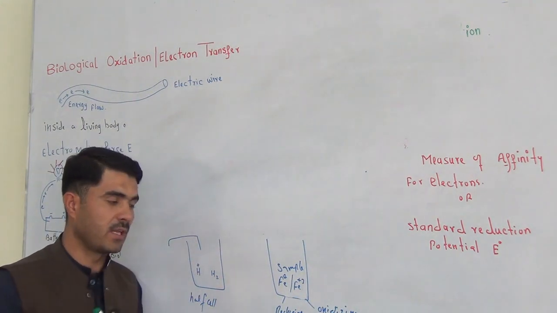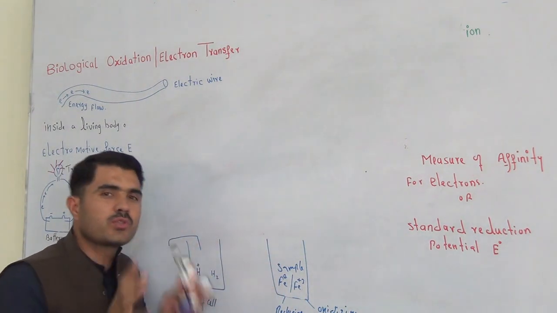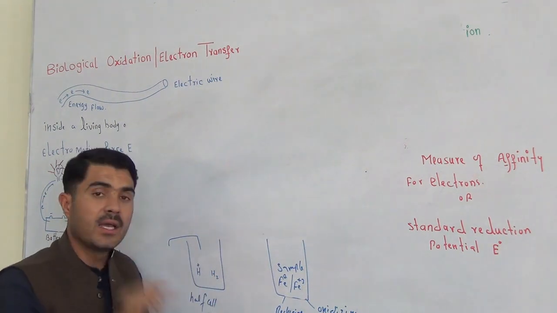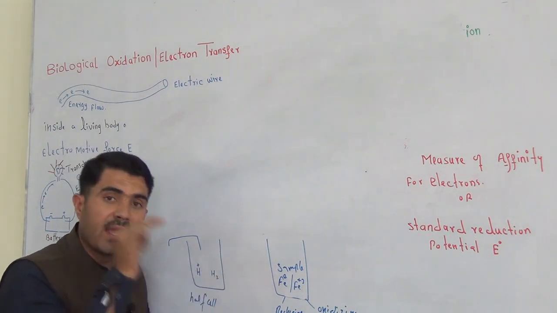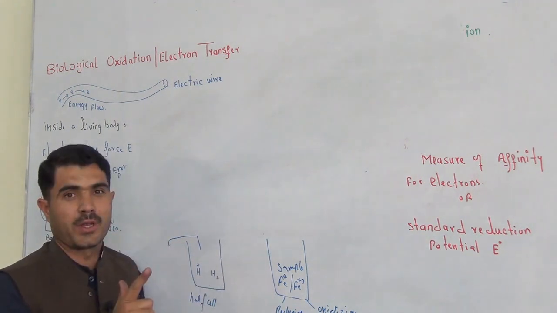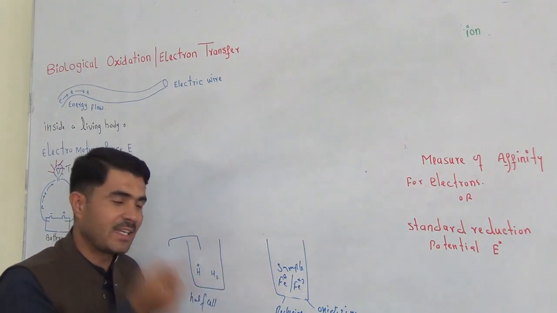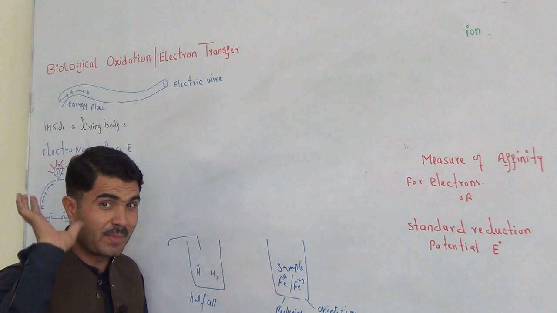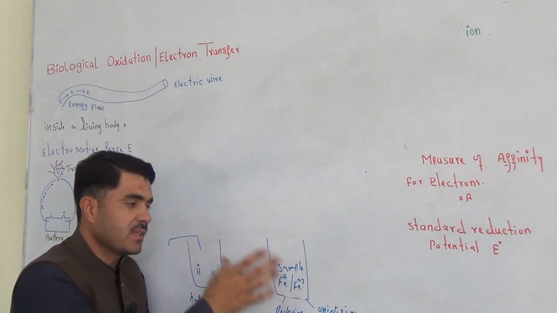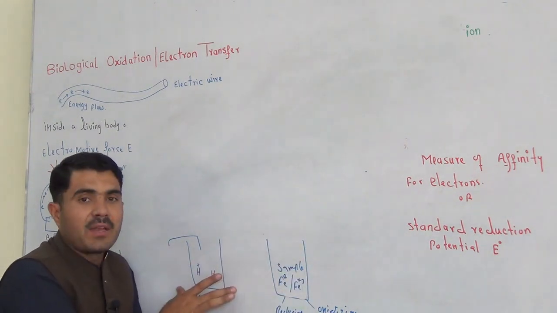Why are they called half cells? They are two cells, because when we connect these two solutions with the help of a wire, an external circuit, one solution has to gain electrons and the other has to lose electrons. So in one solution we will see oxidation and in the other solution we will see reduction. That is why this is called a half cell. If oxidation occurs here, then reduction will occur here.